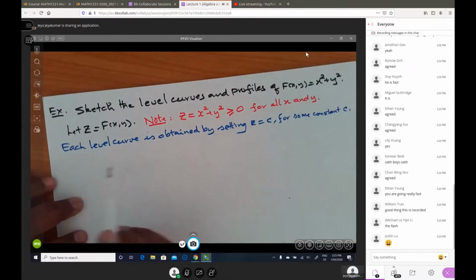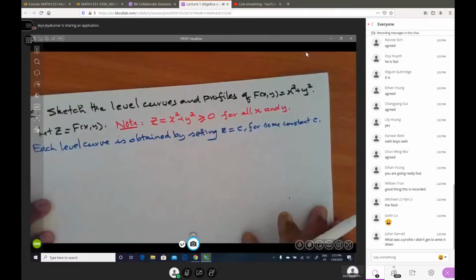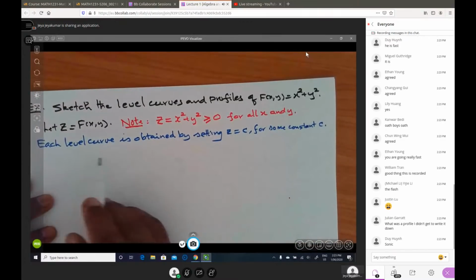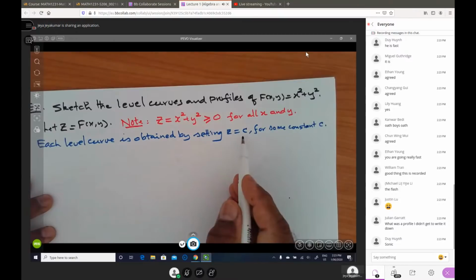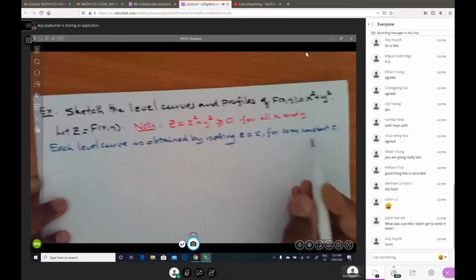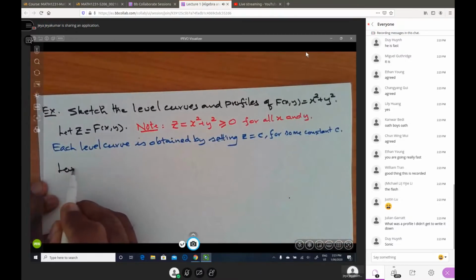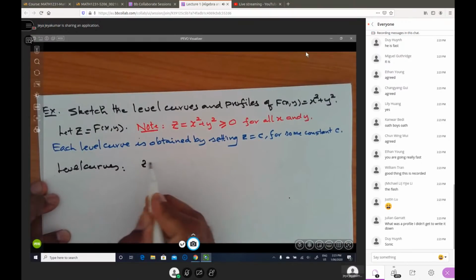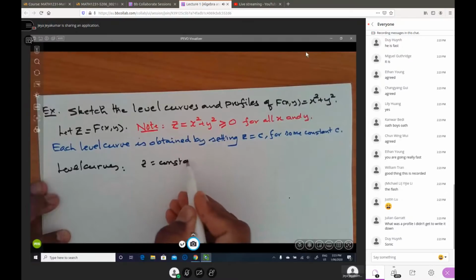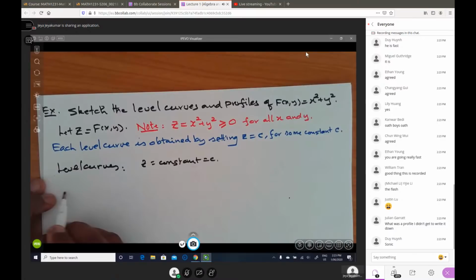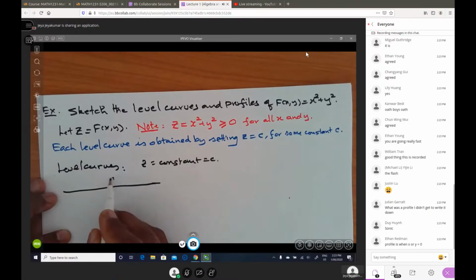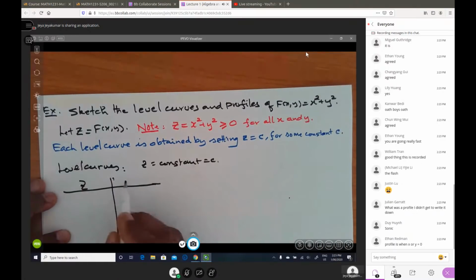Okay, now first we will sketch some level curves. So each level curve is obtained by setting z equals a constant c, right? Okay, so level curves means z equals constant c. Okay, so let's look at some z values and their level curves.